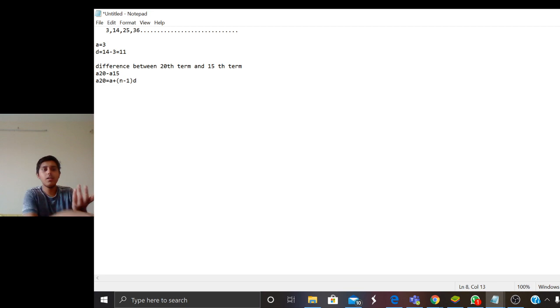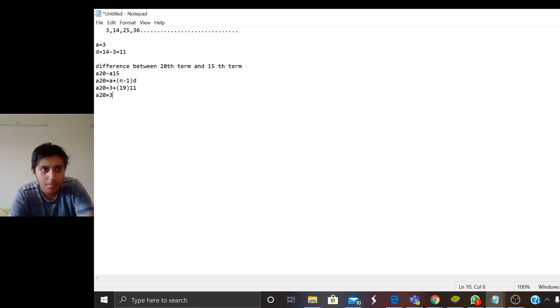So A20 would be equal to, we have the value of a as 3, plus n minus 1. Since we need to find the 20th term, the value of n is 20, and n minus 1 would be 19, and d is given to us as 11, right? So A20 is equal to 3 plus 19 into 11.